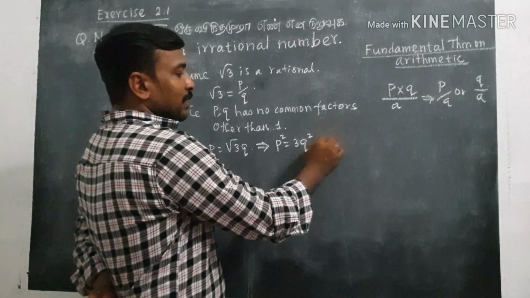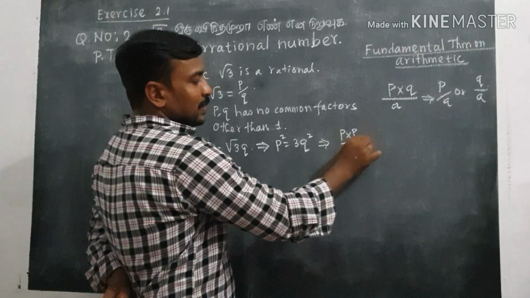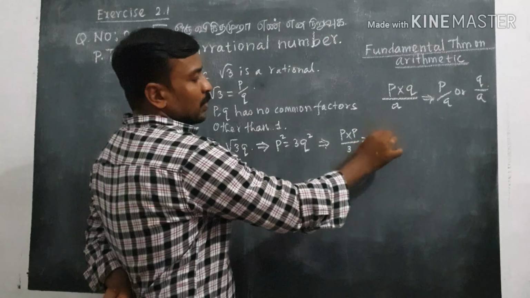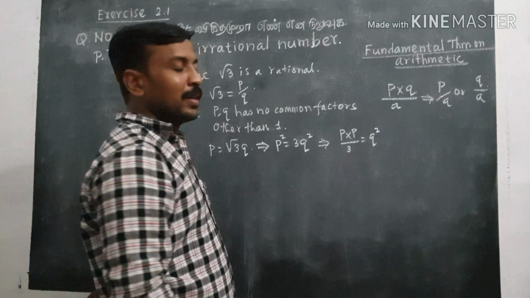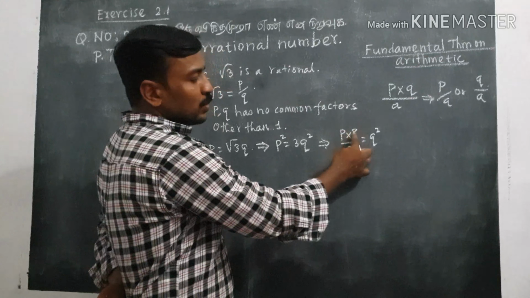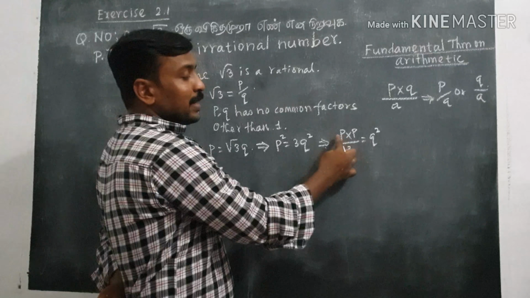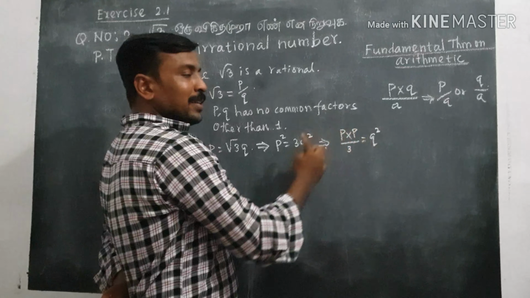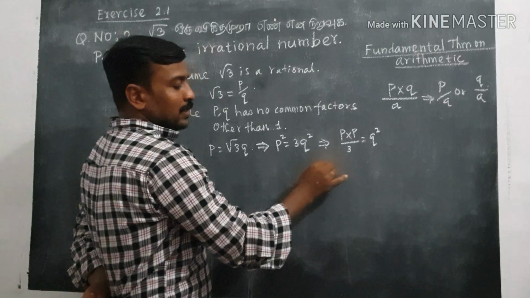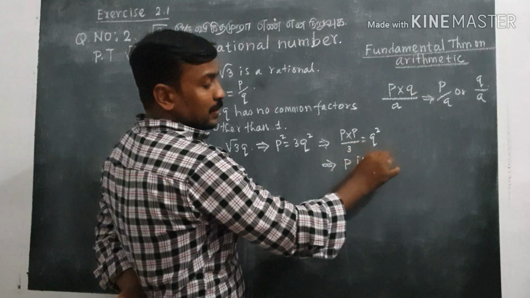Or we can write p into p divided by 3 is equal to q squared. By the fundamental theorem of arithmetic, if p into p is divisible by 3, then 3 divides p, which implies that p is divisible by 3.